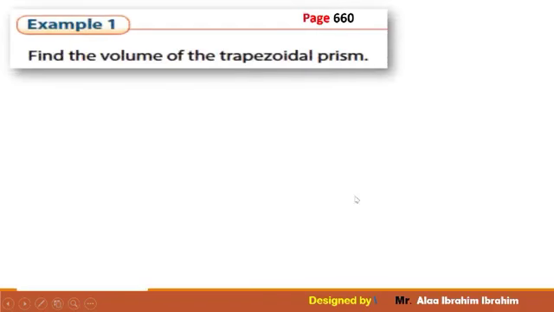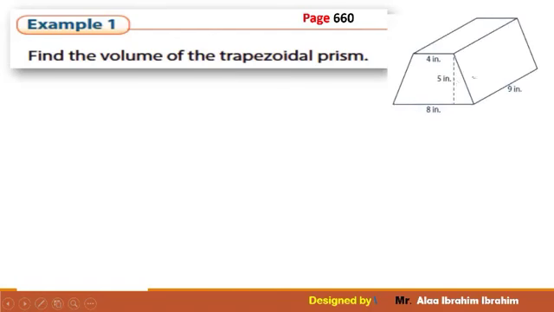Now we're going to page 660 in your book, example number 1. Find the volume of this prism. How do you know this is a prism? Your laterals here are parallelograms or sometimes rectangles, but in this case they're rectangles. This rectangle, rectangle. If you imagine the other side would be a rectangle. But your two bases here, this base and the opposite base, will be trapezoids.